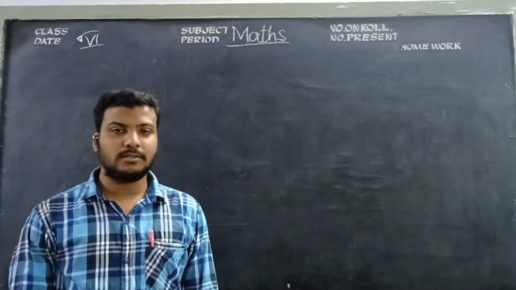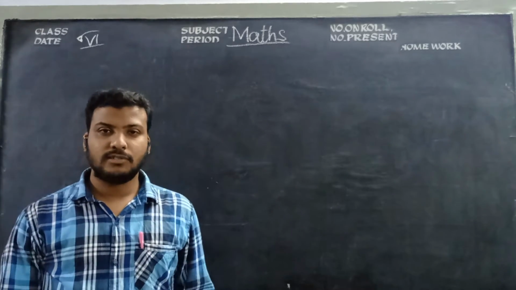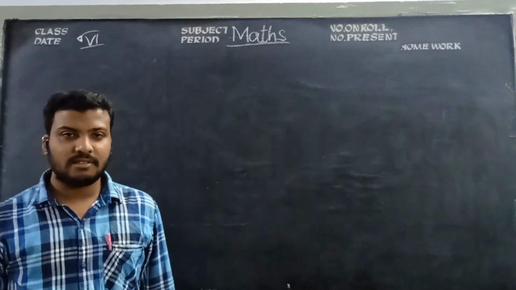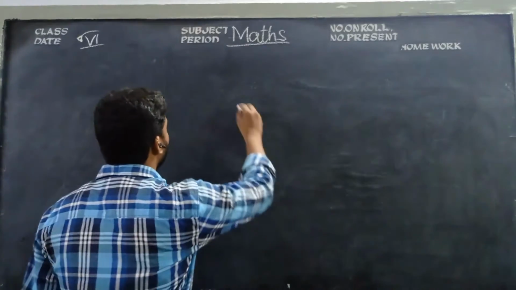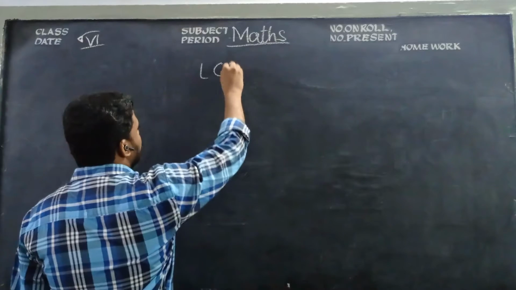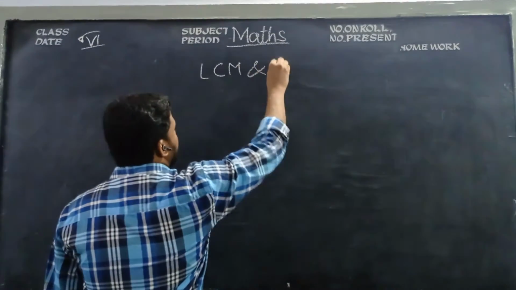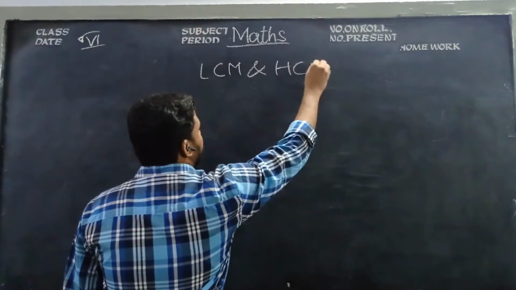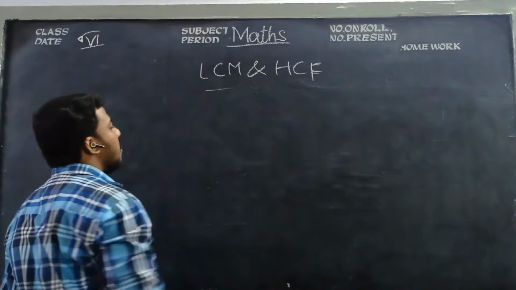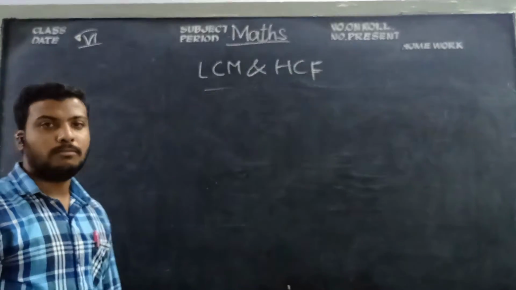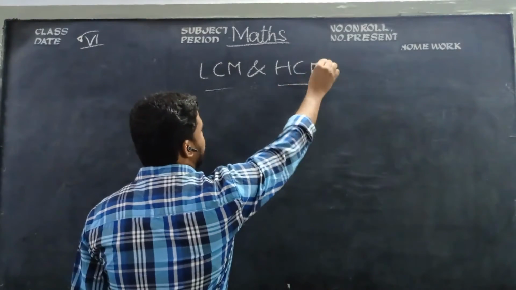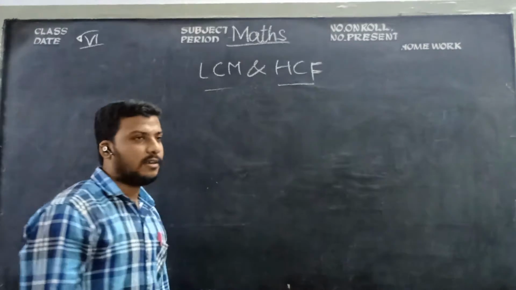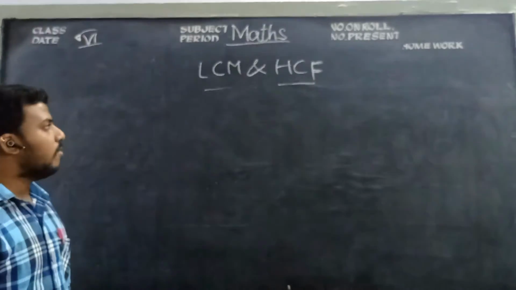In today's class, we are going to discuss chapter 3 children, that is LCM and HCF. LCM, its full form is least common multiple children, and the full form of HCF is highest common factor.